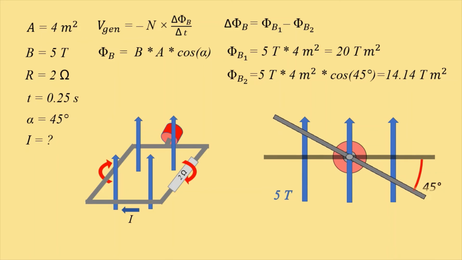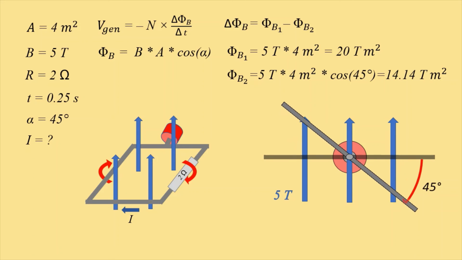The first case is when the magnetic field is perpendicular to the wire, and the second is with 45 degrees. The first one we just multiply the magnetic field and the area, and we get 20 Tesla meters squared.